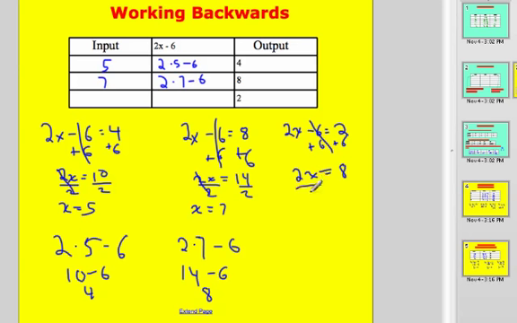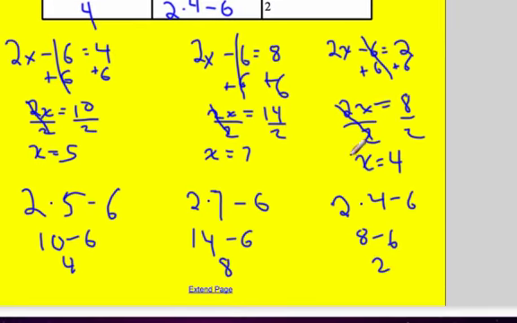We divide by 2 on both sides of the equation. These 2's will cancel out. And in the end, we're left with x equals 4. So what we have here is 2 times 4 minus 6. And to do this out, we would do 2 times 4 minus 6. And sure enough, we're left with 2.